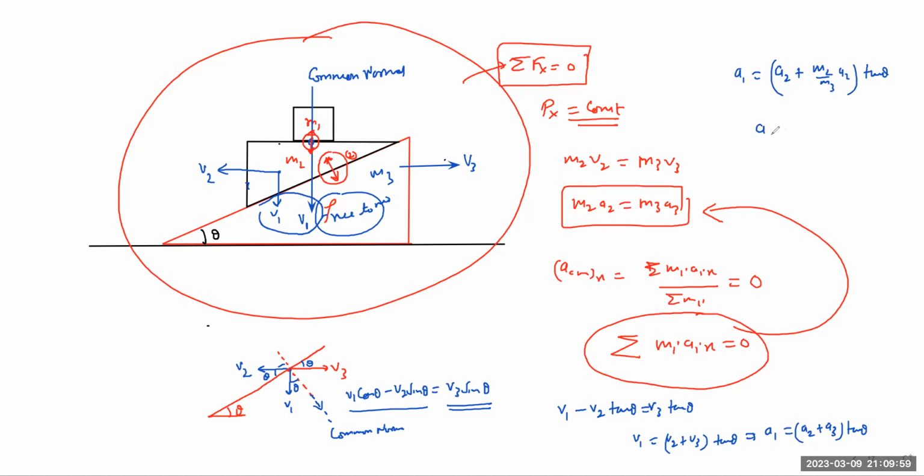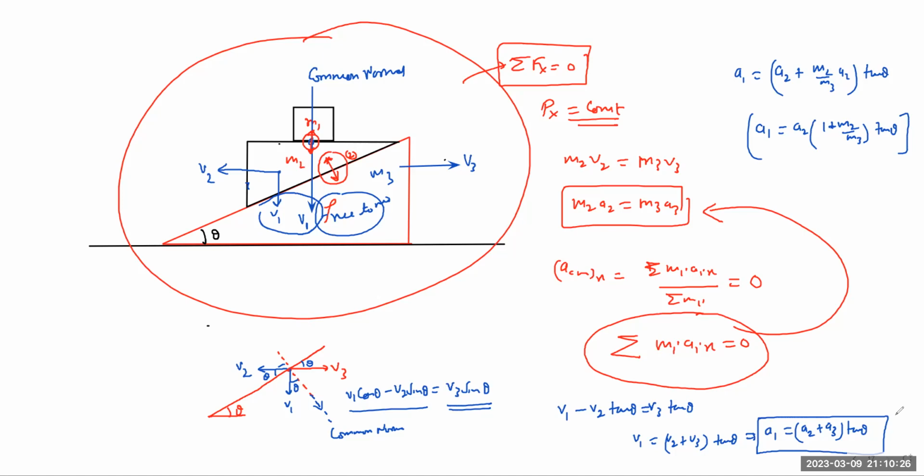You can see we have connected all variables with this. We can write A1 in terms of A2, and definitely we can also write other things. But if you are here, you are almost done. Why? Now we know how to write the laws of motion, isn't it?